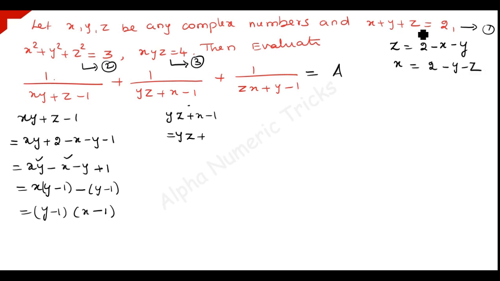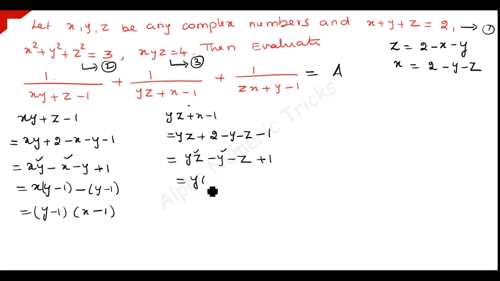Keeping x on this side, you take y plus z to the other side, and it becomes minus y minus z. You just substitute here, 2 minus y minus z minus 1, which is equal to yz minus y minus z plus 2 minus 1, which is plus 1.